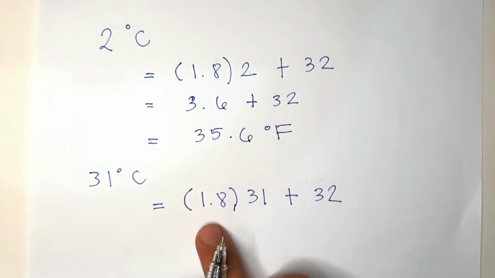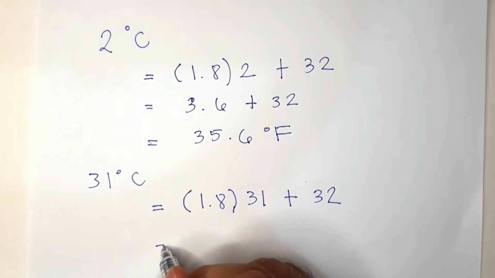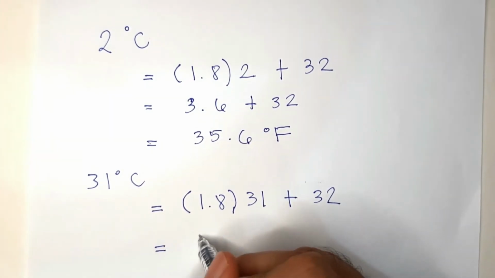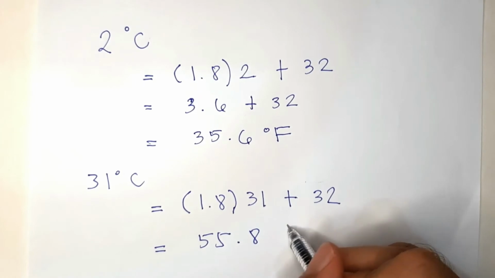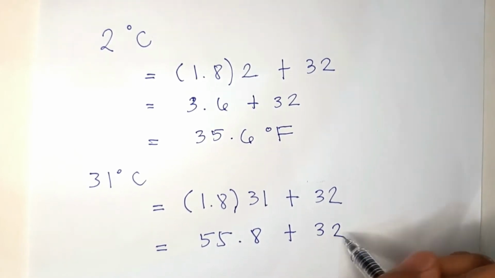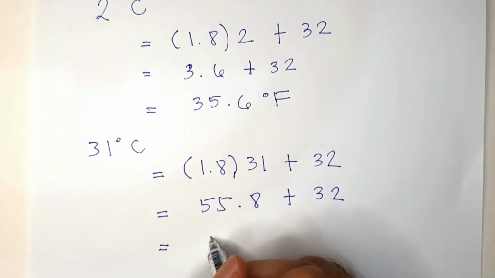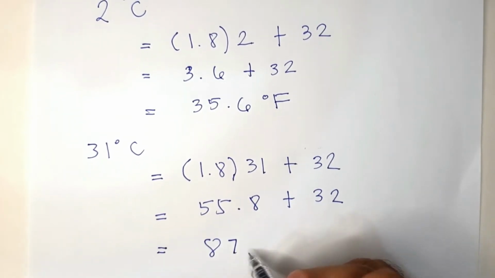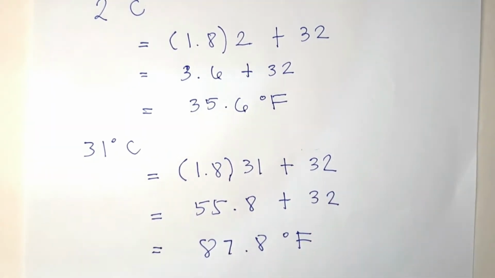First, we multiply 1.8 by 31, which gives us the result of 55.8, and then add to 32. So our answer is 87.8 degrees Fahrenheit.